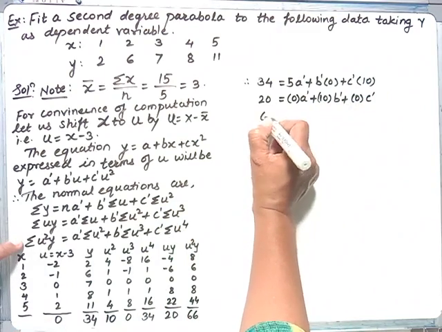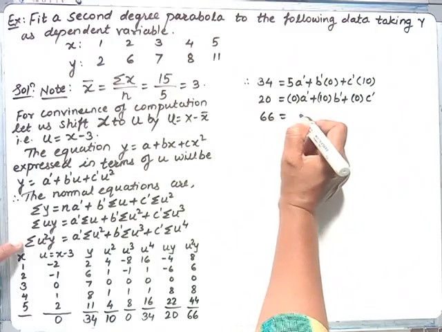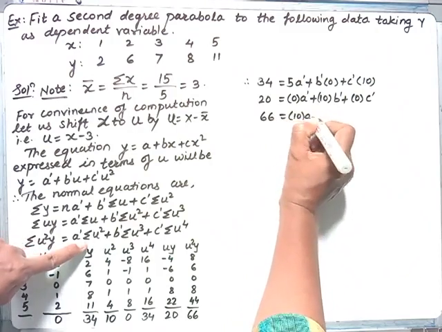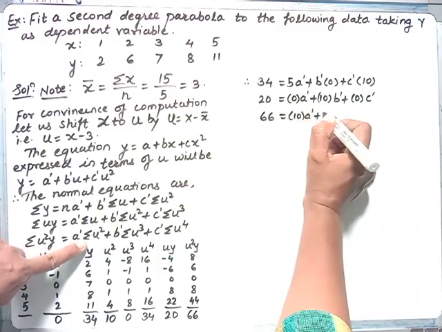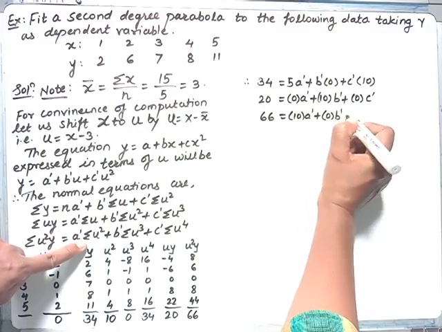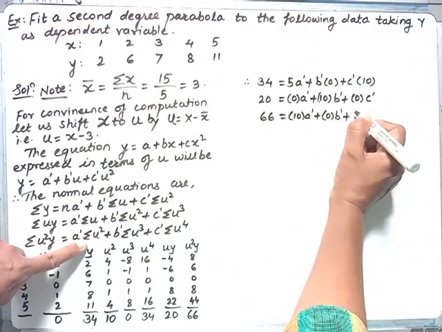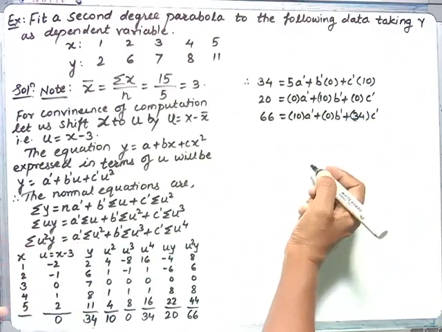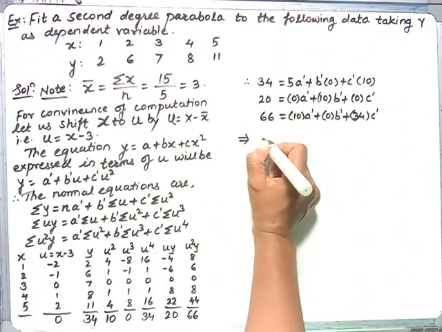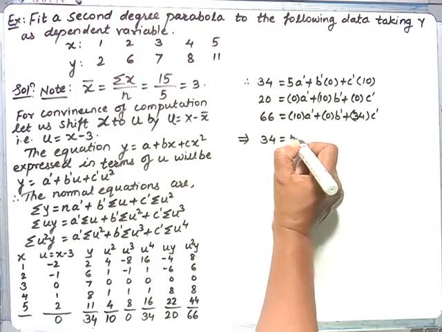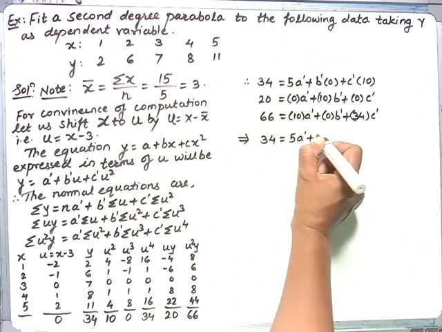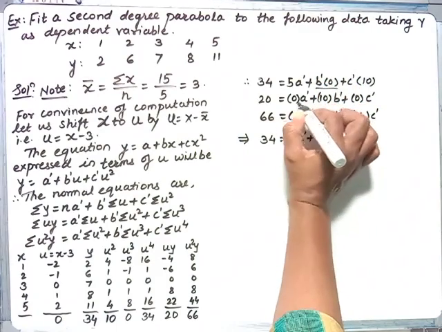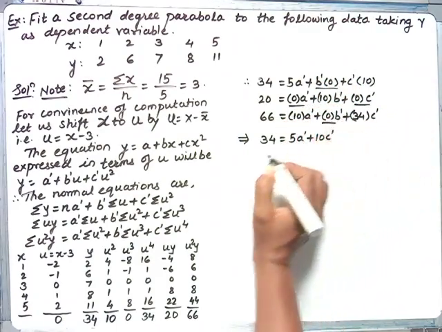Next one, 66 equal to u square sum, so 10 a dash plus 0 b dash plus u raised to 4 sum is 34 c dash. This is the same as 34 equal to 5 a dash plus 10 c dash, where these parts become 0.